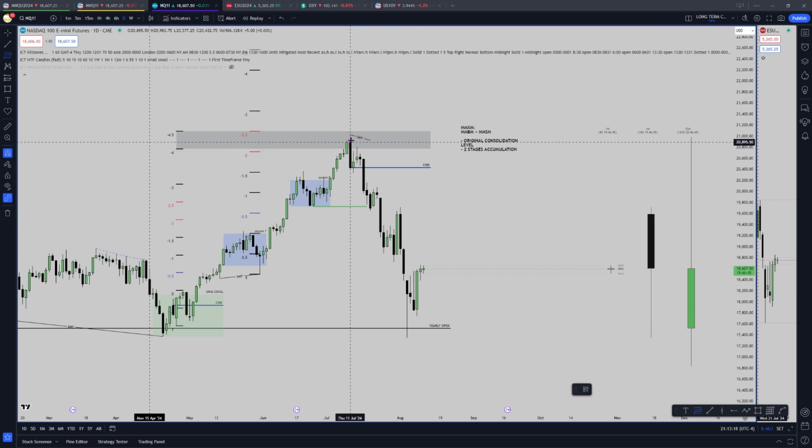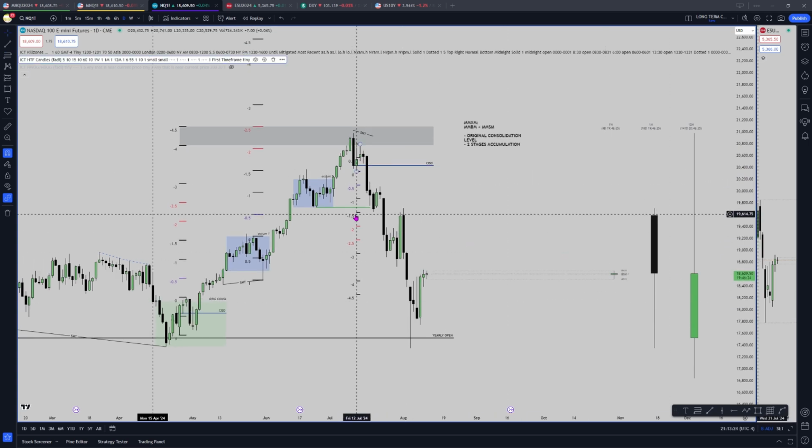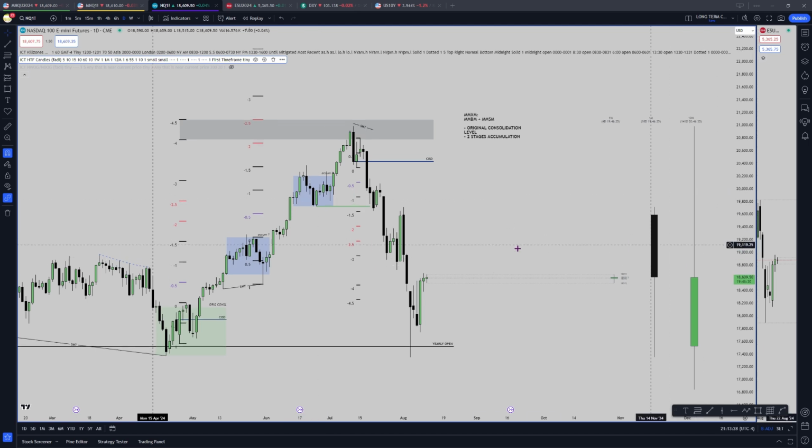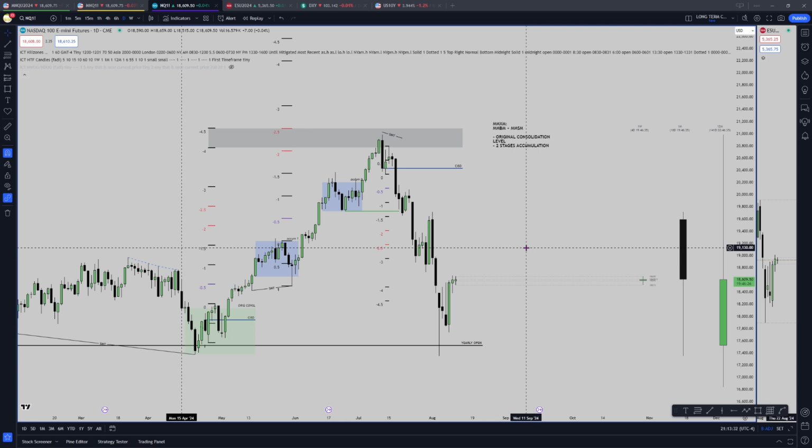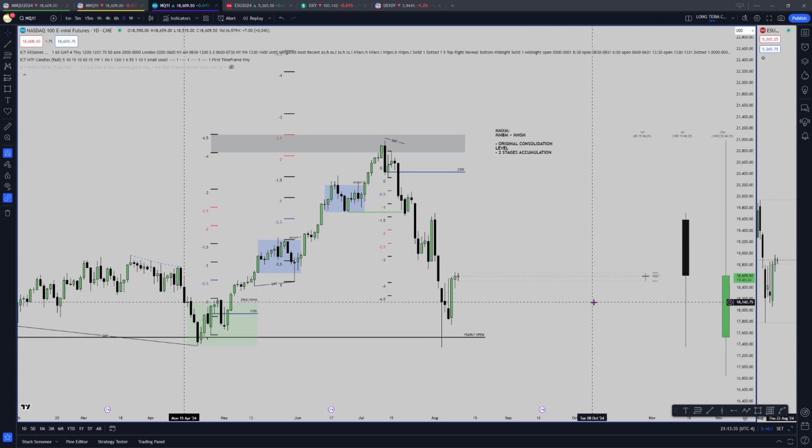Taking our fib from this high to this low, you can see that the -1.5 lines up with this pool of liquidity. Each one of these lows are institutional reference points, also known as IPDA levels.